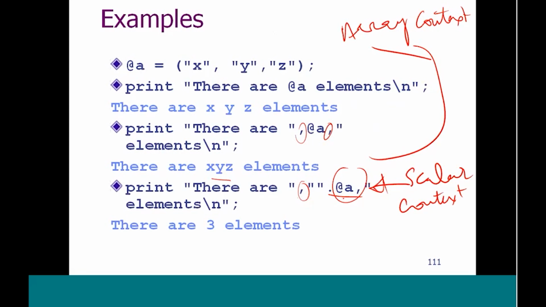In this case, a comma, which is now treated as an operator, is concatenated to this array, and now it is evaluated as a scalar and it gives the number of elements in the array as opposed to literally printing all the elements. So here it printed out all the elements, whereas here it prints out just the number of elements.